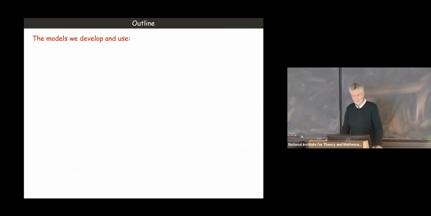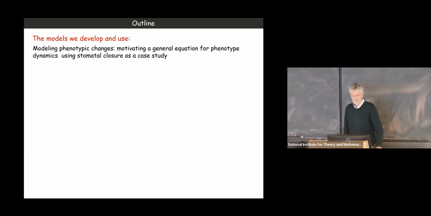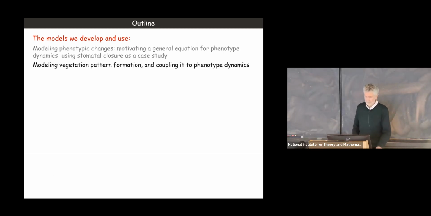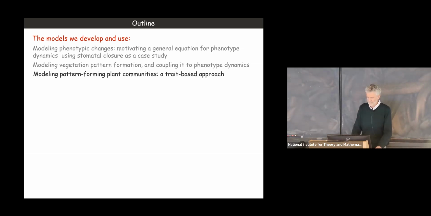So I'll start with the models we develop and use, beginning with modeling phenotypic changes. And here I'll motivate a general equation for phenotype dynamics using stomatal closure as a case study. Then I'll proceed to modeling vegetation pattern formation and coupling it to phenotype dynamics, and then modeling pattern-forming plant communities, where I'll be using a trait-based approach.